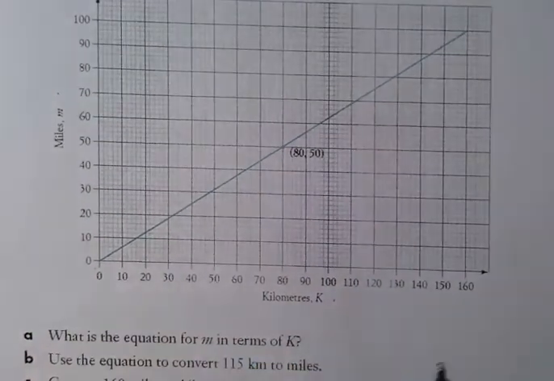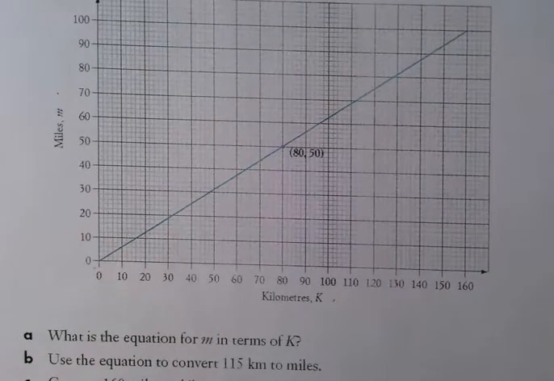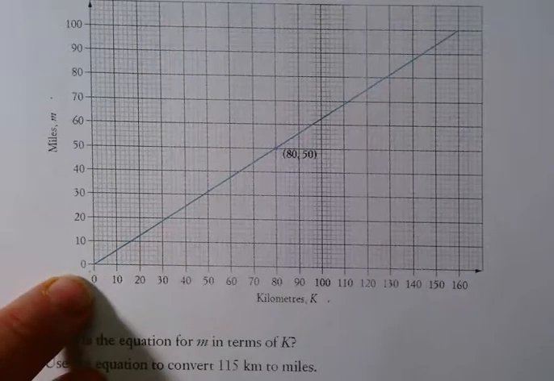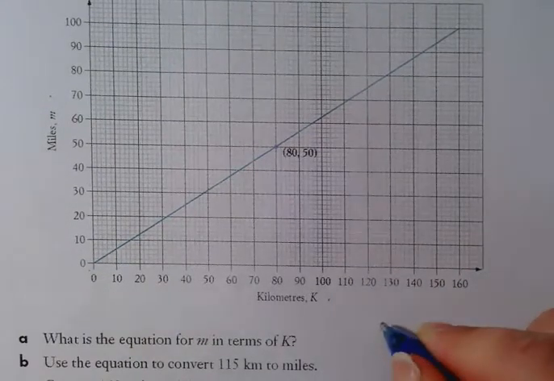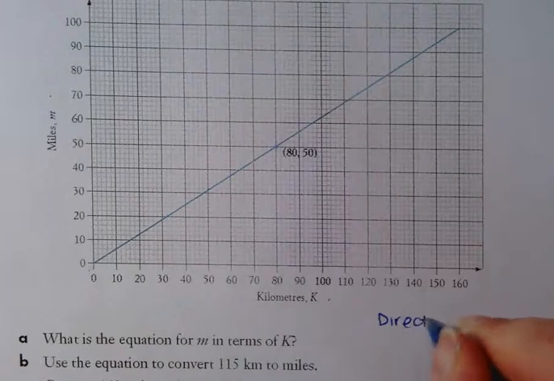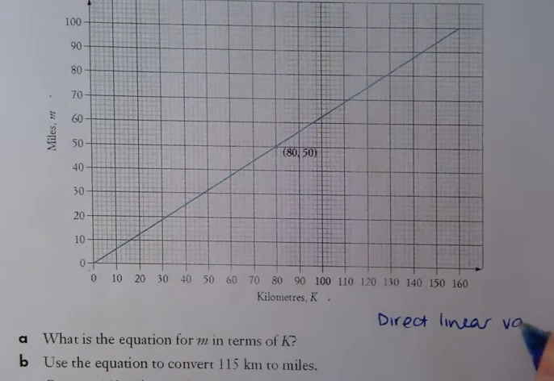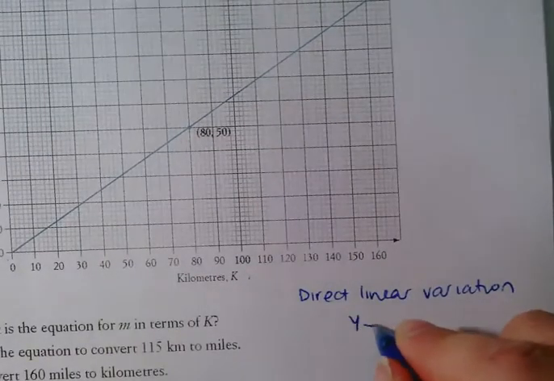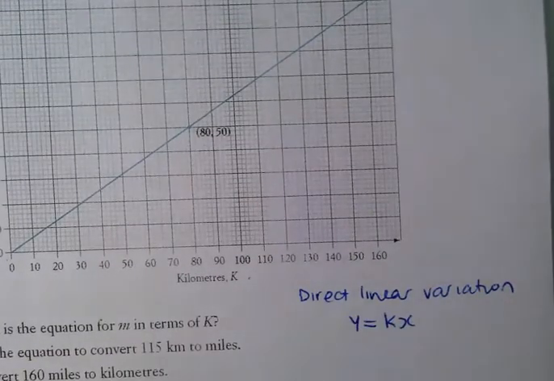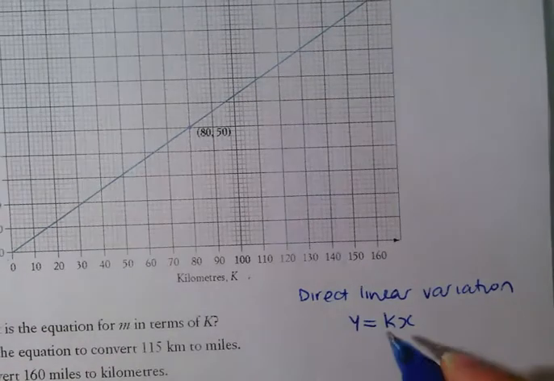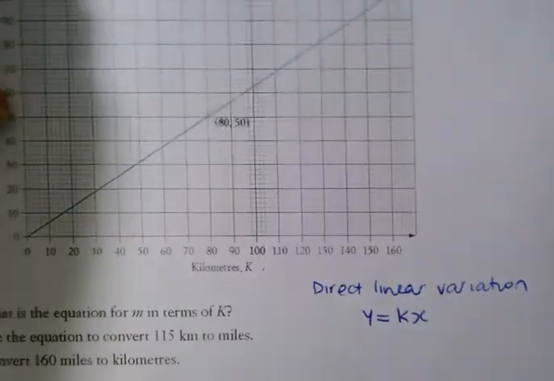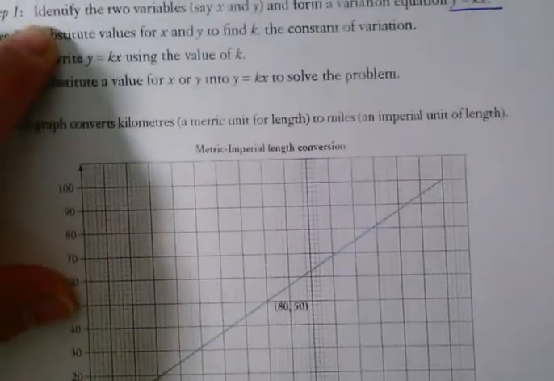We can try to do y equals mx plus b, but we can see that the y-intercept is 0 anyway. Because we know it is a direct linear variation, we can say it is of the form y equals kx. Now, k is your constant of variation, which happens to be your gradient. Remember, it says identify the two variables, x and y, and form an equation.